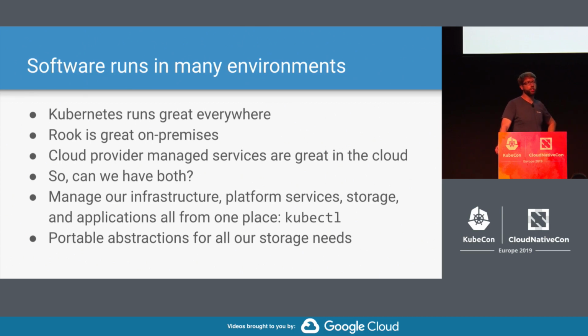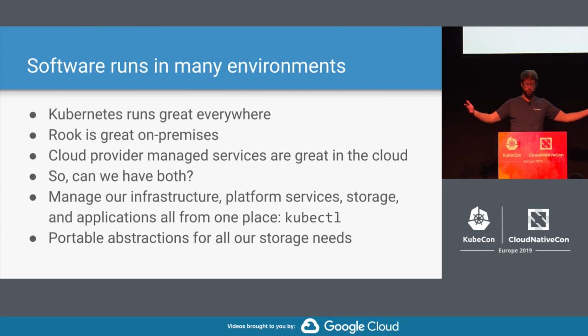I think Rook really shines the best in on-premises scenarios. For instance, if you're running on a cluster, you don't have access to EBS or to Google Persistent Disk, right? You don't have any of those nice cloud provider services. And so with the bare metal you have there, you can use Rook to orchestrate various data services like Cassandra or Ceph or EdgeFS to give you highly reliable, highly available, durable storage services in your cluster.